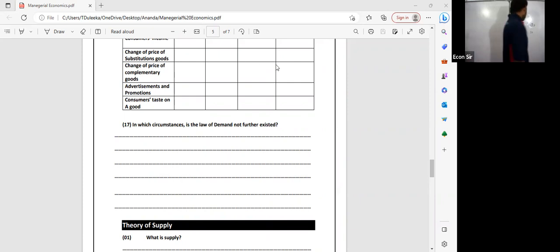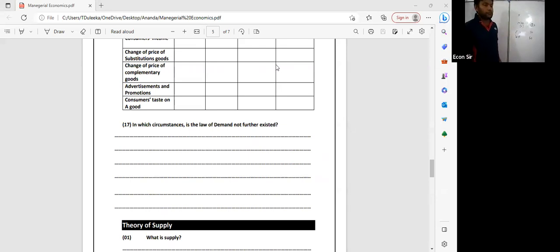Then what happens is, apart from reducing the quantity demanded, they will increase the demand. Then what happened?